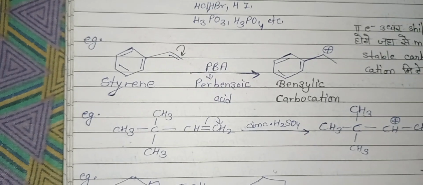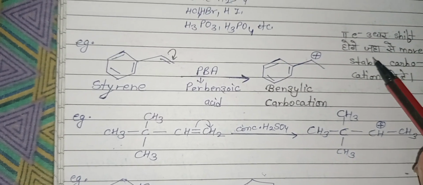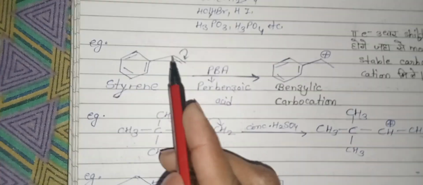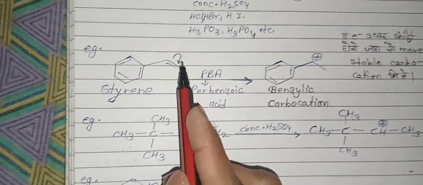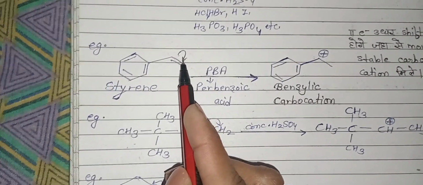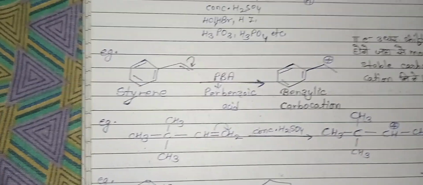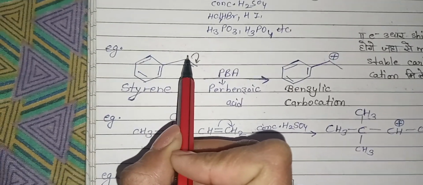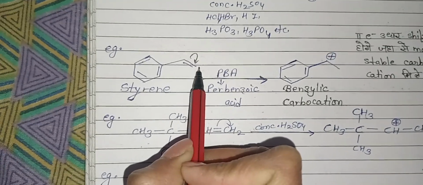One condition is that the pi electrons shift so that the more stable carbocation is formed. The double bond shifts only to that side, where we get the most stable carbocation. It does not shift here, because that would give the least stable carbocation.